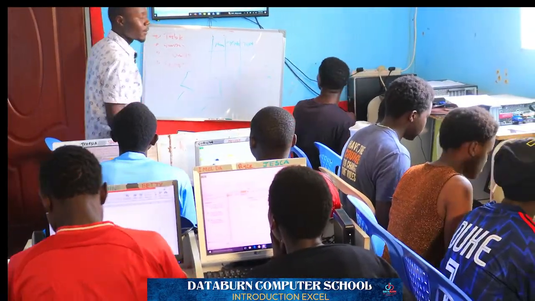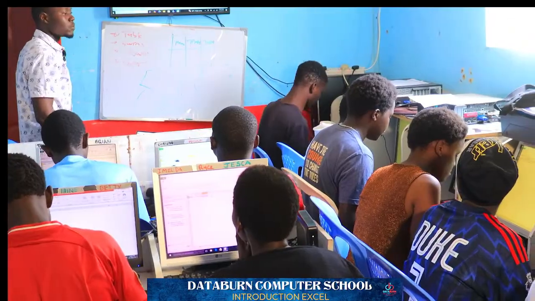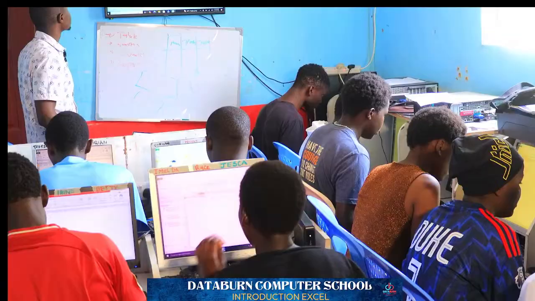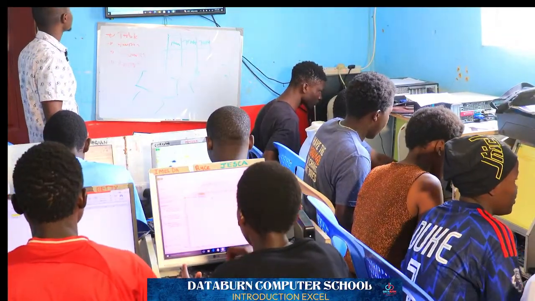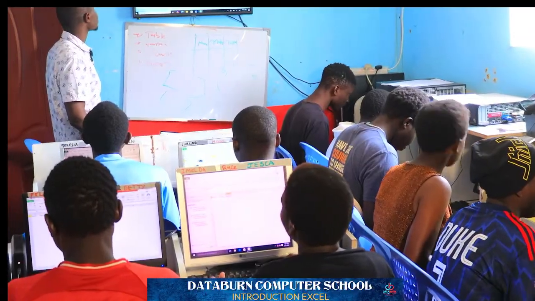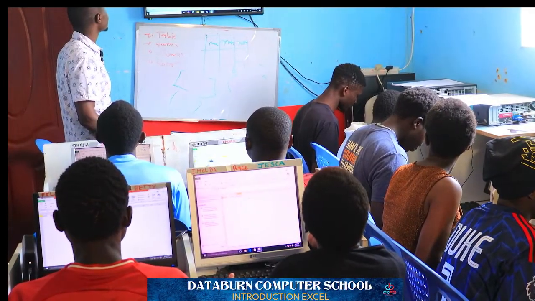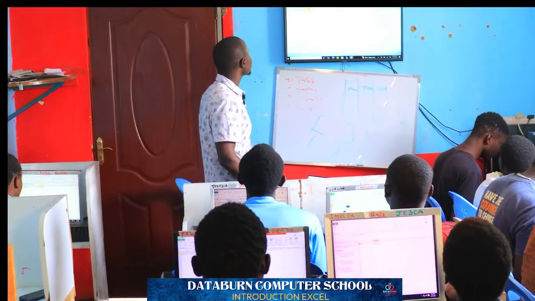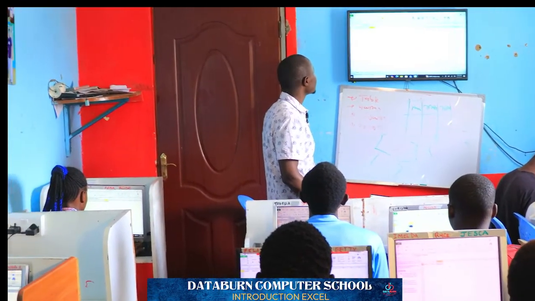Are you there? Type new. So you click this one. You can see this one for Kiswahili. The words are too long for the cell. So you just come here. First of all, you click the cell. After clicking, bring your mouse pointer here in between the columns.